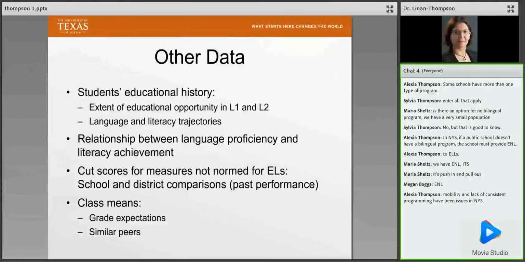And then the class means is another important thing. Great expectations and similar peers. It's fairly easy for teachers, especially classroom teachers with the help of ESL teachers, to group kids, even if you group them very globally into higher language proficiency and lower language proficiency, and then look at how the scores of those two groups differ or are the same, right?